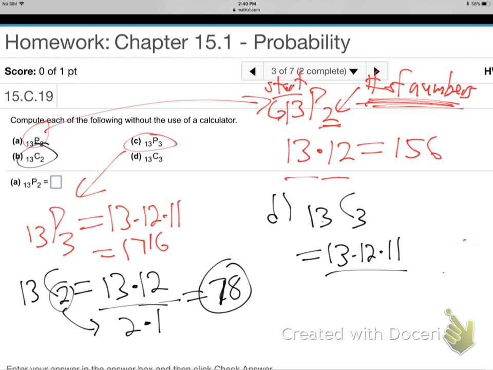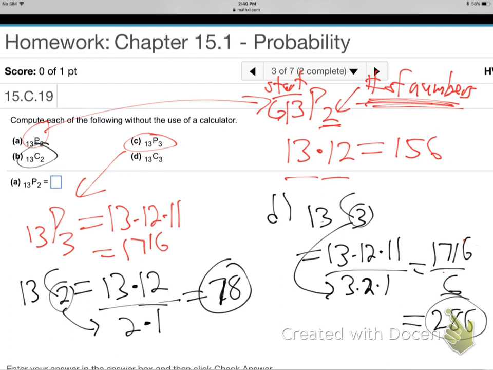Cut, divide by 3 all the way down to 1. That second number is on the bottom. It goes all the way down to 1. So if you multiply that in your calculator, 13 times 12 times 11, the top is 1716. The bottom is 6. You divide them and you get 286. And that's 13C3. All right, well, we didn't finish that. We didn't mean to. We'll stop right there.